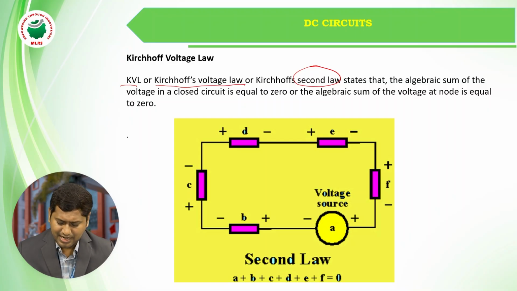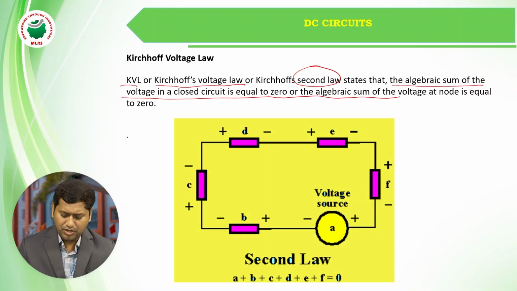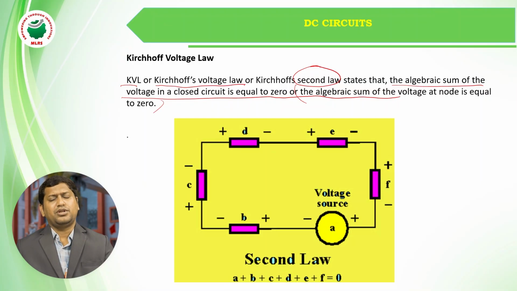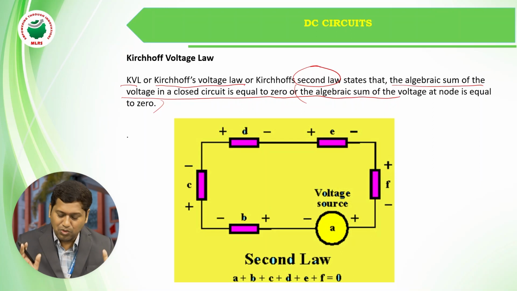This states that the algebraic sum of the voltage in a closed circuit is equal to 0, or shortly, the sum of voltage at a node is equal to 0.